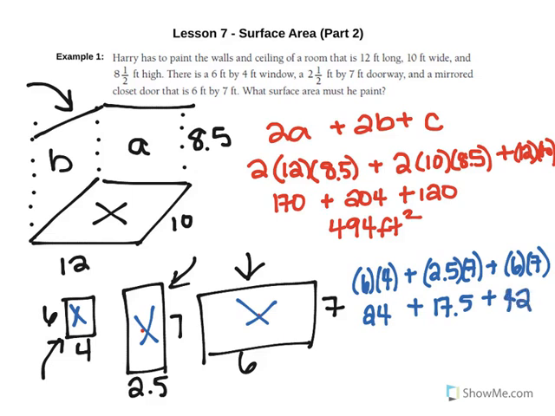So altogether, the amount that they have to subtract from the space is 83.5 square feet. So our total answer then is going to take this and subtract this.